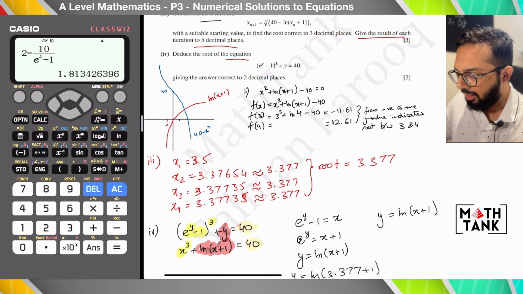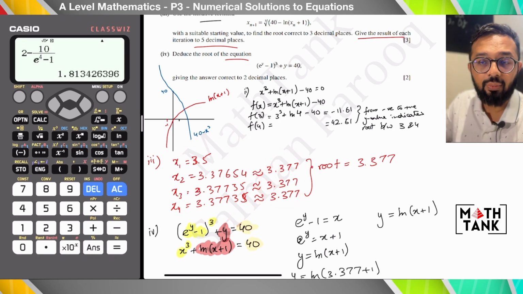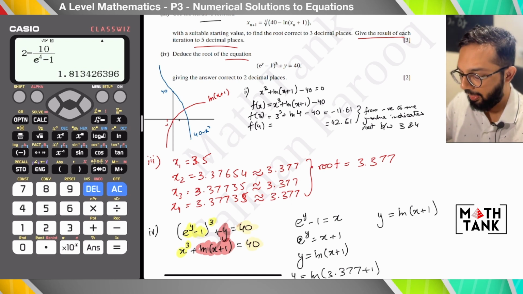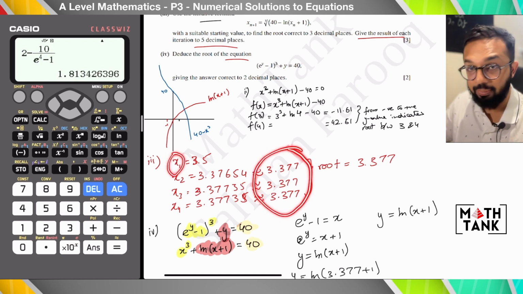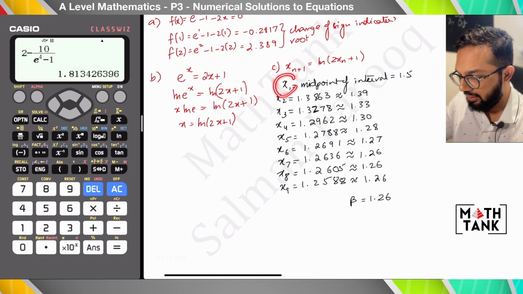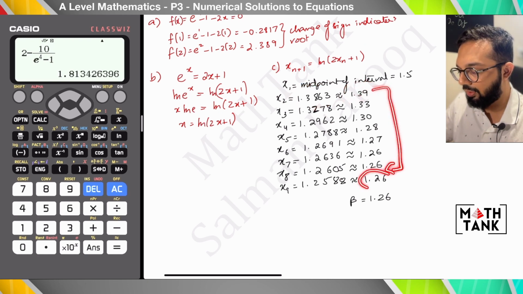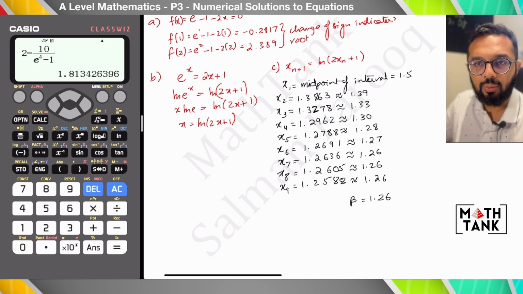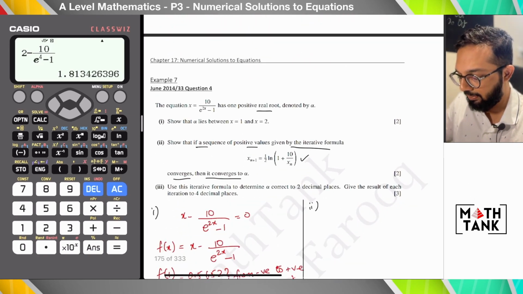So each of these iterations, what I was actually trying to do is to see what values they converge at. So this x was converging to 3.377 eventually. When I did these iterations, it started from far away, 1.3863 and 1.39, but ultimately the values converged to 1.26. That is what convergence means.